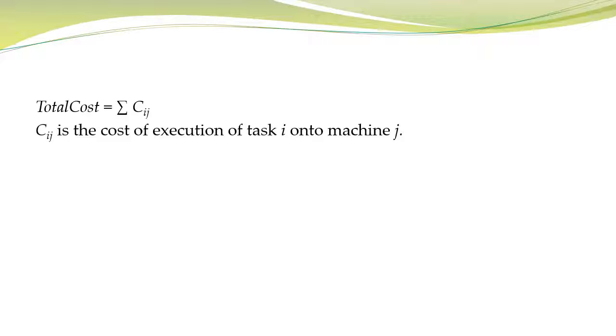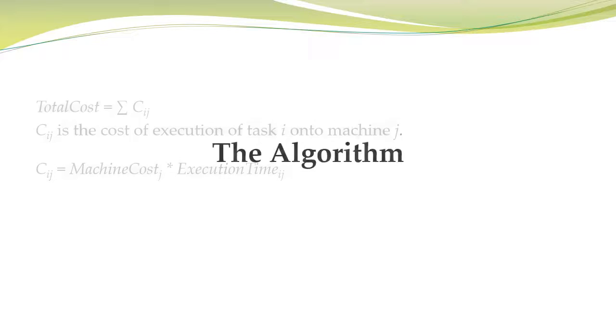So Cij is the cost of execution of task i onto machine j, where machine cost j is the cost, in money units of course, per unit of time to run something on machine j, and execution time ij is the time task i takes to execute on machine j.